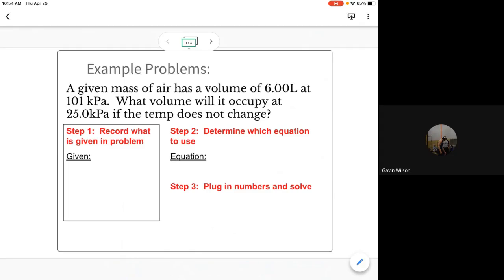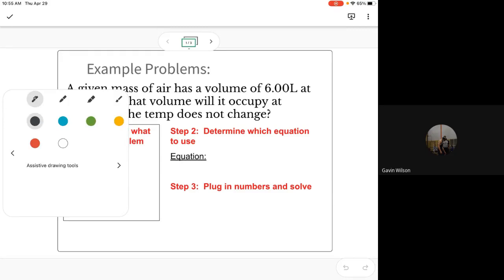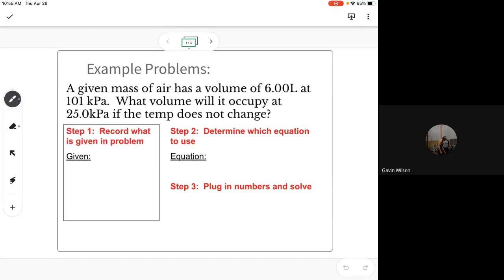Okay, thanks. So basically what you're going to do is read the problem, figure out what you know, what's given, and then figure out which equation to use. So if we had this problem, a given mass of air has a volume of, whoops, I got to find my writing tool here. Okay, a volume of 6 liters. So we already know that's a volume. So we're given a volume of 6 liters at 101 kPa.